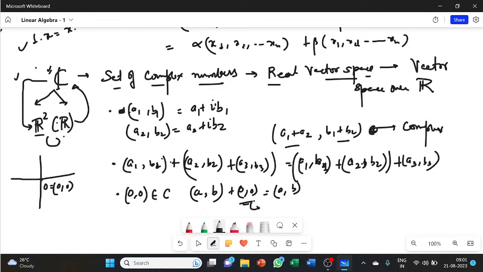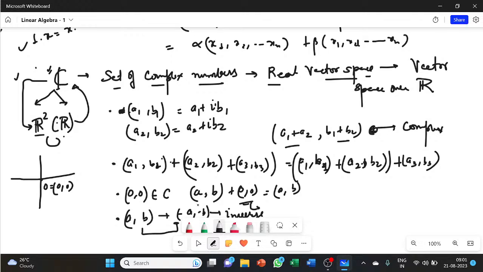So existence of identity, and existence of inverse: for every a comma b you have minus a comma minus b. This is called the inverse. So if a comma b is a complex number, minus a comma minus b is also a complex number.